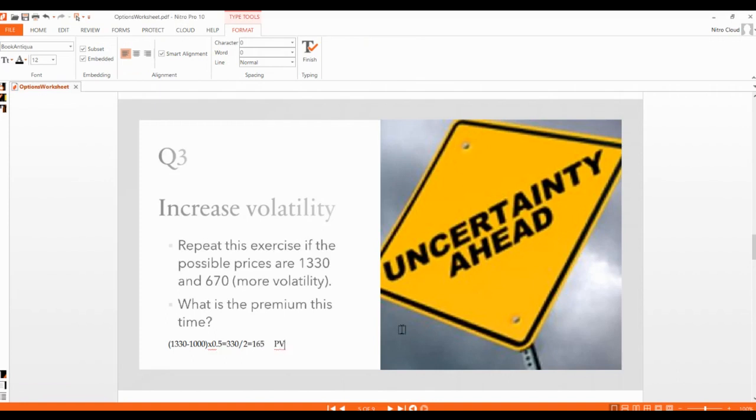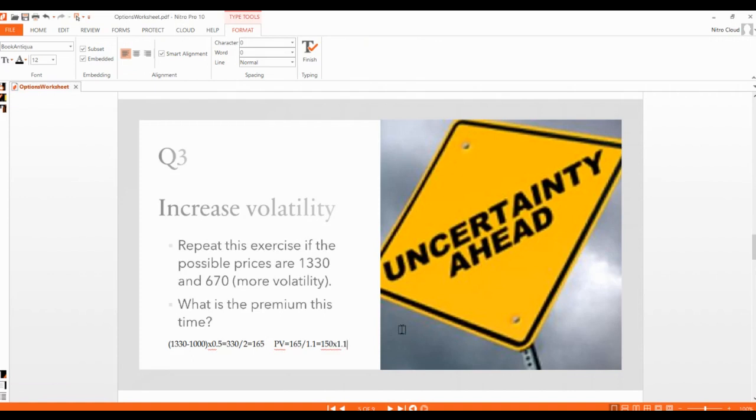And then what's the present value? It's 165 as before divided by 1.1. And you'll notice that 165 is 150 plus 15. And 15 is 150 times 0.1.